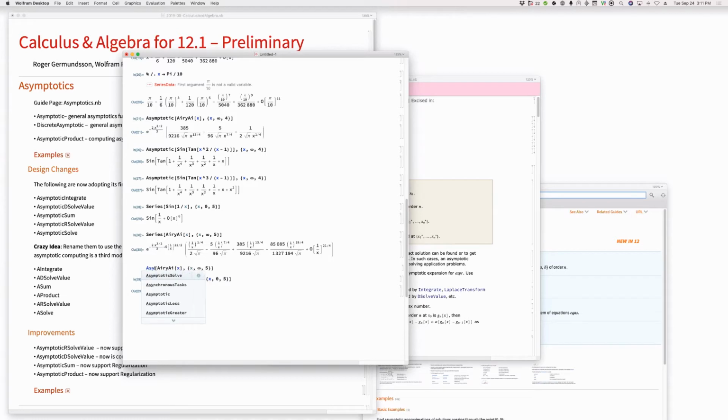And now I do asymptotic. Okay, now I am terminally confused. Help me out here. Why is the ordering different? Well, they're both kind of not ideal. The first object you see has nested series data objects in it somewhere.